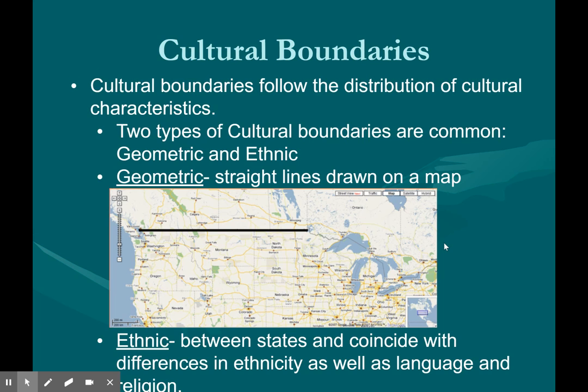You don't see this necessarily in the United States per se, but in other nations where it's very clear there are two distinct cultures, there's a split between them based on those ethnicities rather than just arbitrary lines like a geometric boundary would be.